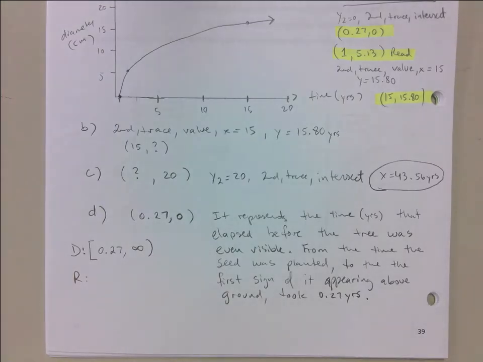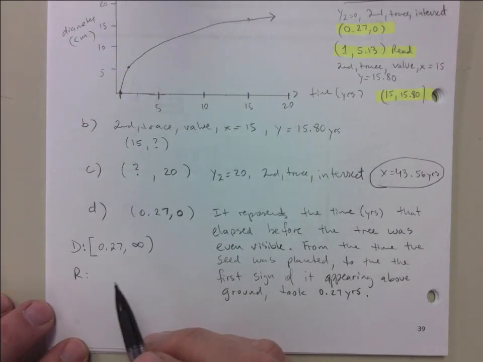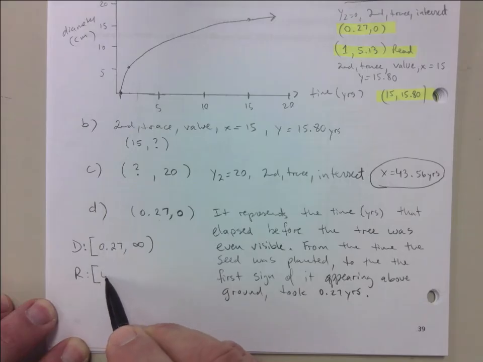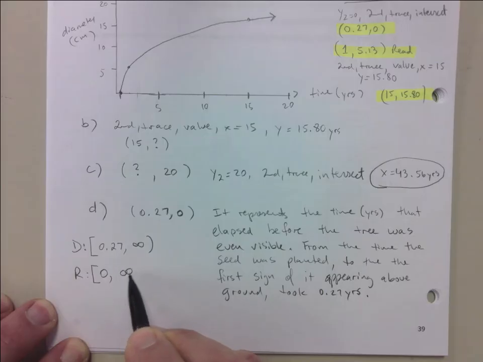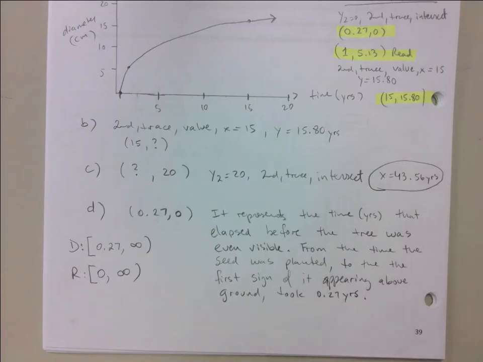Technically, this tree keeps on growing indefinitely. And range, you have a diameter as low as 0 and as high as infinity. According to this, it never stops. That's the diameter of the tree.